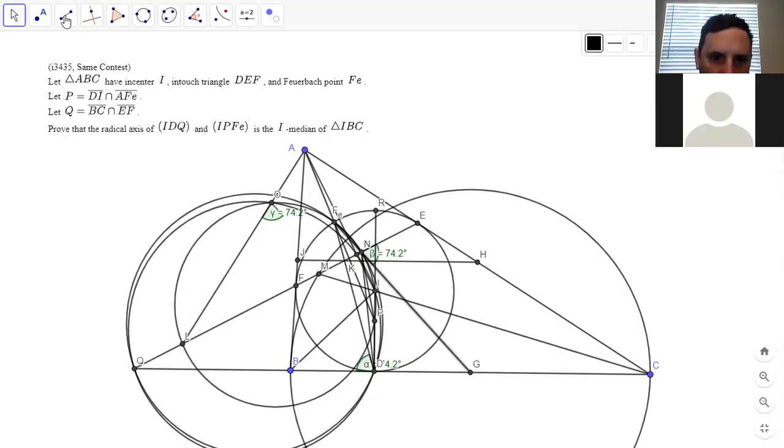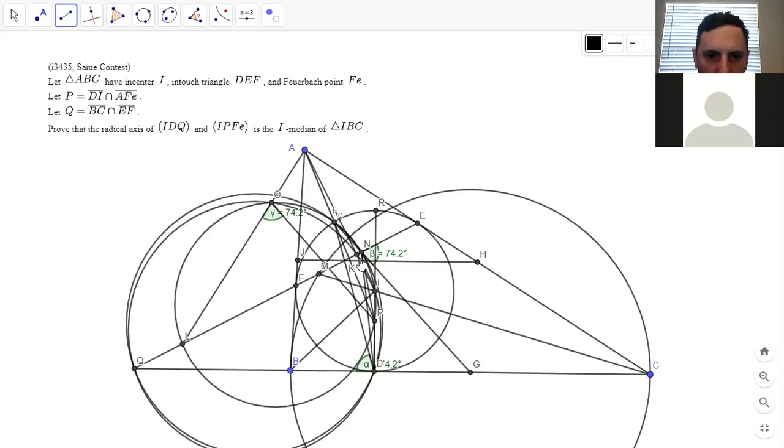Yeah, this is pretty interesting. So I added in point O. Yeah, what does that mean if those two angles are equal?